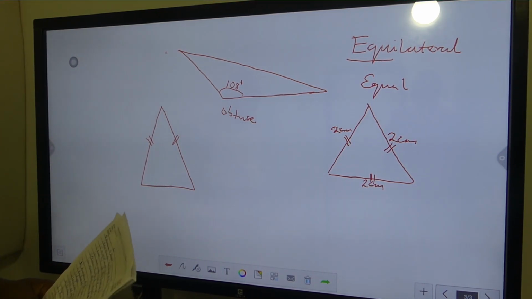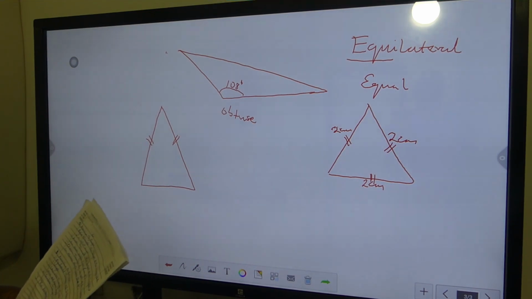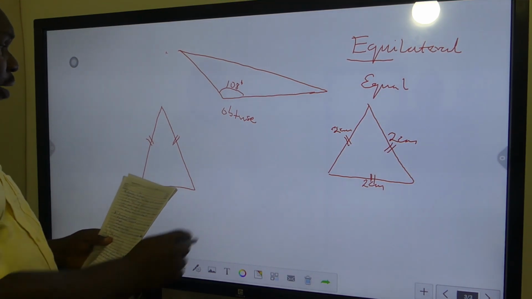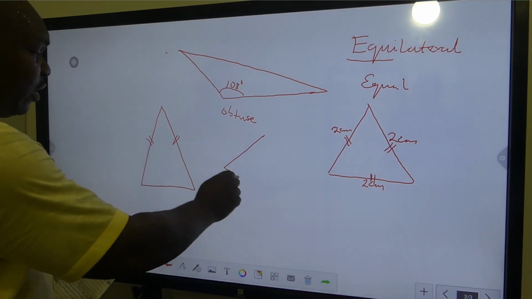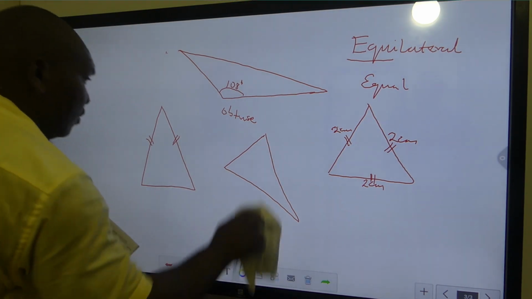Another one is the scalene triangle. In a scalene triangle, no sides are equal. They can have different sides.